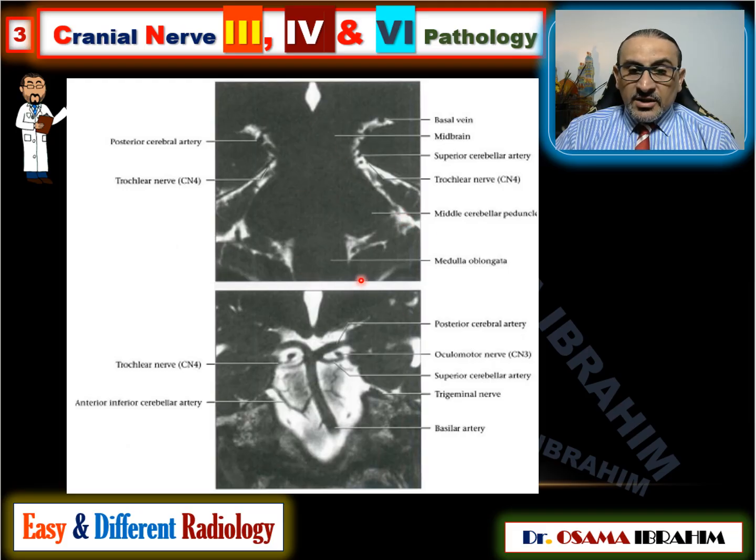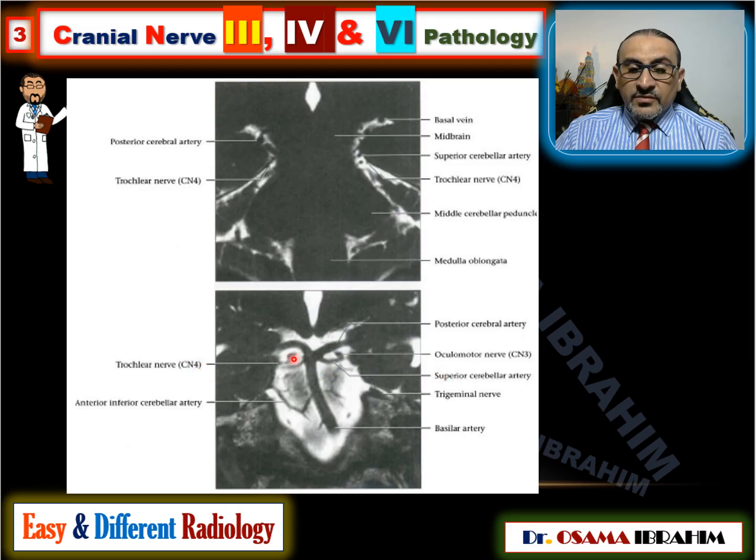This image again shows that nerve passing between the posterior cerebral artery, the end branch of the basilar artery, and the superior cerebellar artery. If you find a nerve here, it could be cranial nerve 3 or cranial nerve 4. So here, for example, is the superior cerebellar artery, and this one is the trochlear nerve, and here also this one is the trochlear nerve.